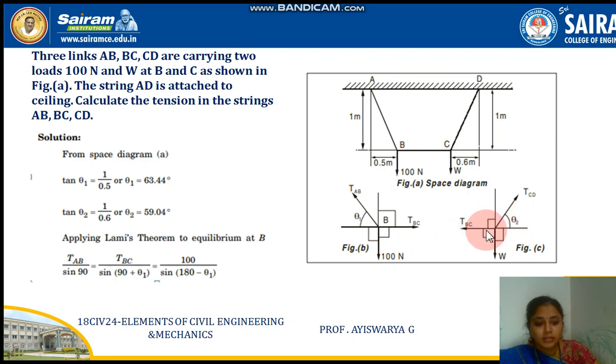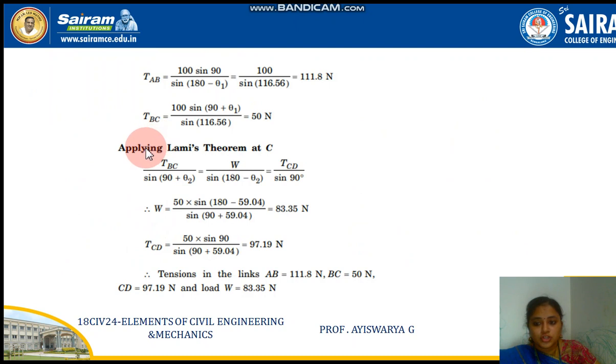In this TBC is known, so just substitute it from the first procedure, and while substituting you will get W and TCD. So the tensions in the links AB, BC and CD have been found, right?